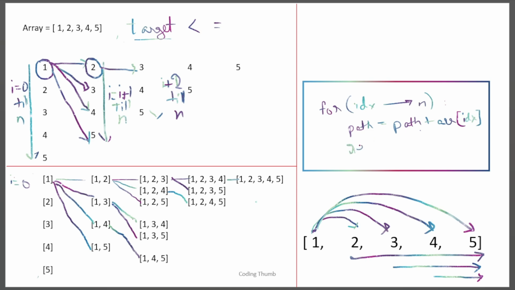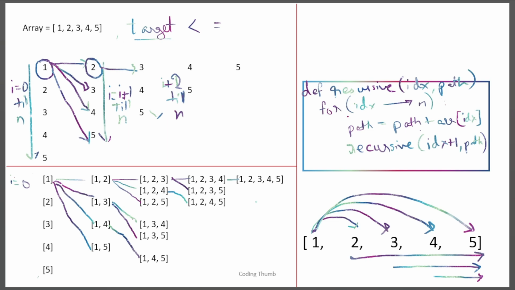So let's say we do recursive of, we go from index plus 1, so we go to the next index and we send the path that we are currently at, and the whole of this will go into a recursive function which takes an index value and it takes the path that we are generating.